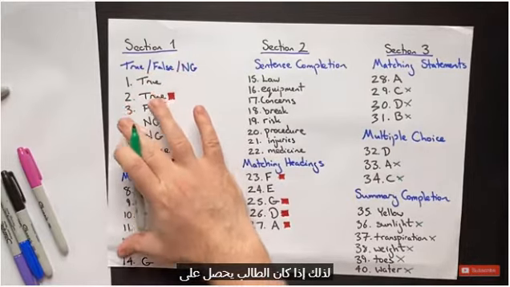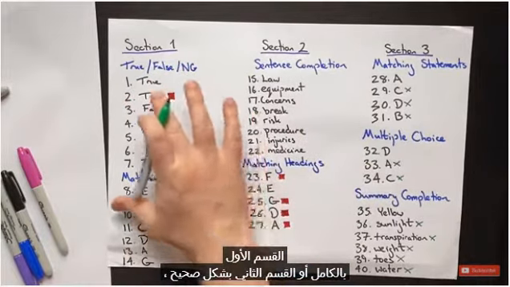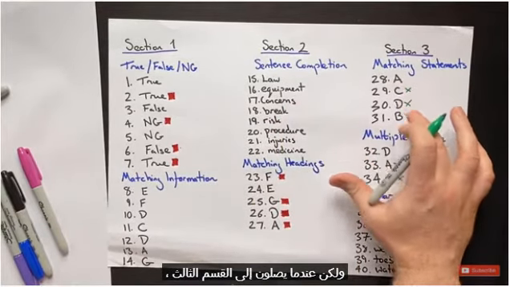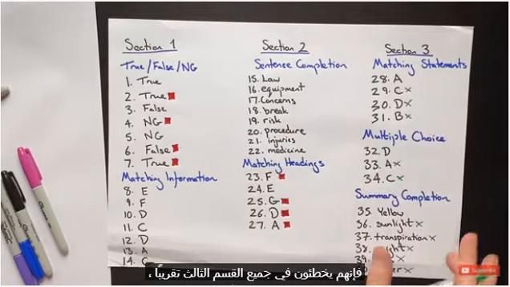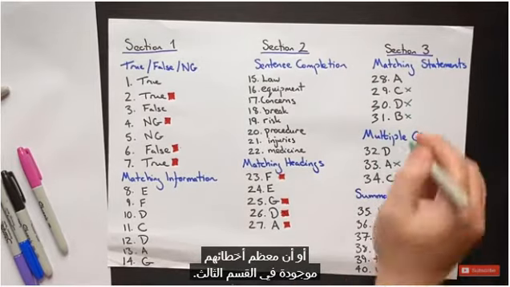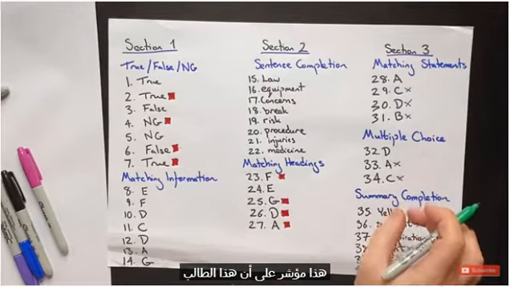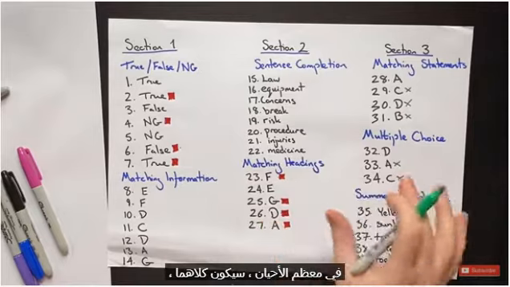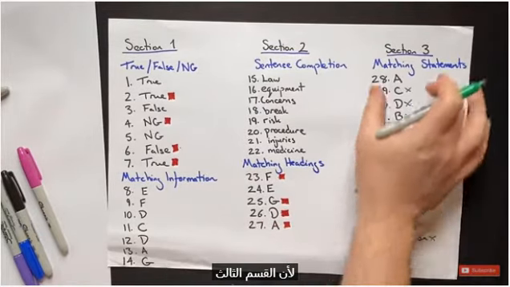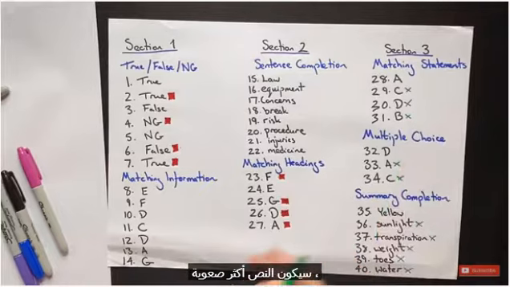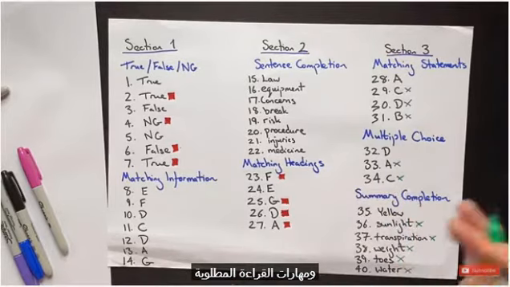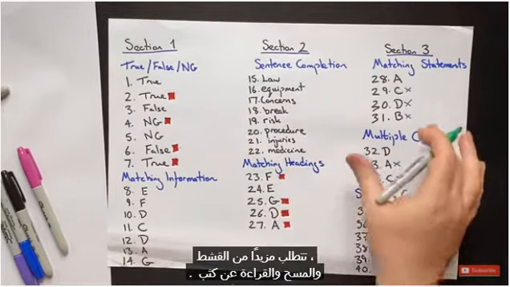So if the student is getting all or mostly section 1 and section 2 correct, but when they get to section 3, they get nearly all section 3 wrong, or most of their mistakes are in section 3, this is an indication that this student needs help with their reading skills and or their vocabulary. Most of the time it will be both, because in section 3 the text is going to be more difficult, the words in that text will be more difficult to understand, and the reading skills required, it requires more skimming, scanning, close reading.